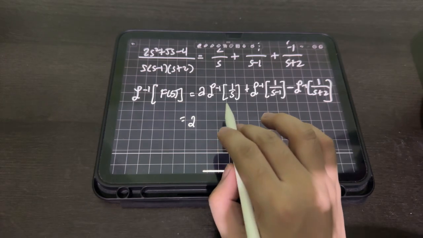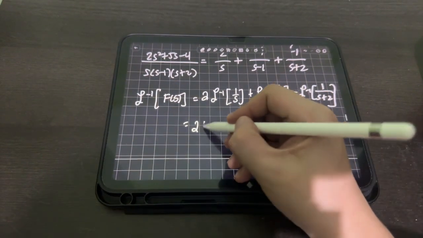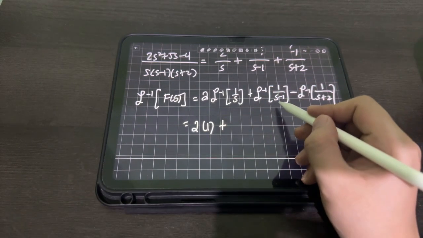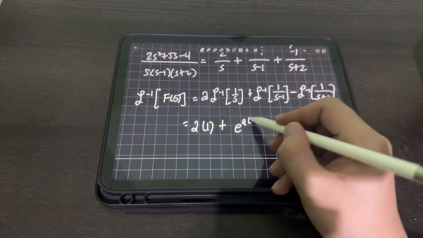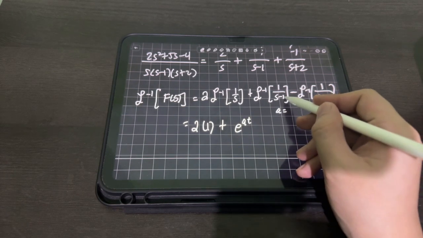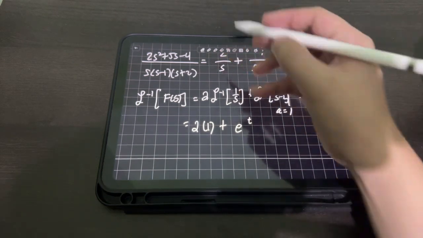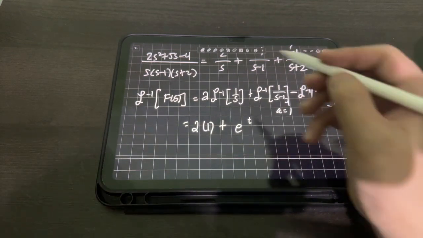So 2 times the inverse Laplace of 1 over s is 1 plus, so inverse Laplace of 1 over s minus a, that's e raised to at. But the value of a here is 1. So replace a here with 1, it's e raised to 1t or simply e raised to t.